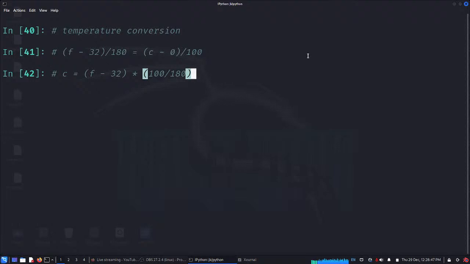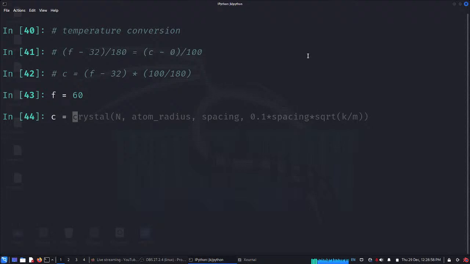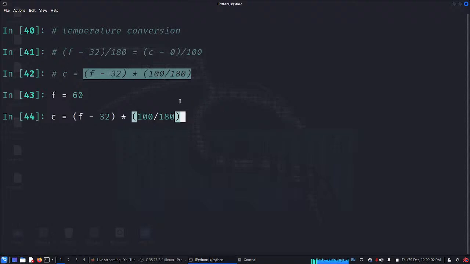I believe that is right. So now I'll say F equal to 60, and I can write C equal to this formula.